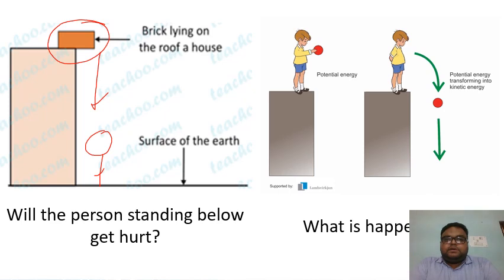Yes, you will definitely get hurt, students, because this brick also has some form of energy which it will transfer to you, isn't it? When this energy is transferred to you, you will feel hurt. Now see this boy. This boy is just letting go of this ball, and this ball is getting kinetic energy to move. So this ball also has some energy, isn't it, students?